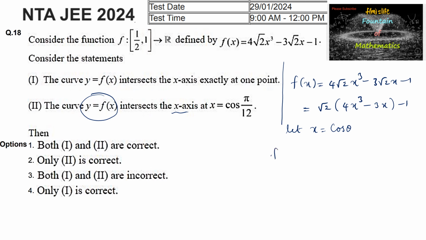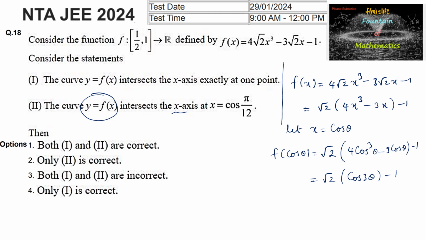So we can write f of cos theta is equal to root 2 times 4 cos cube theta minus 3 cos theta minus 1, that is root 2 times cos 3 theta minus 1, since 4 cos cube theta minus 3 cos theta is cos 3 theta.